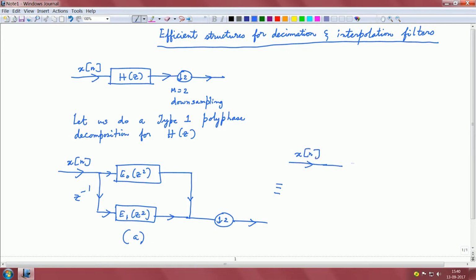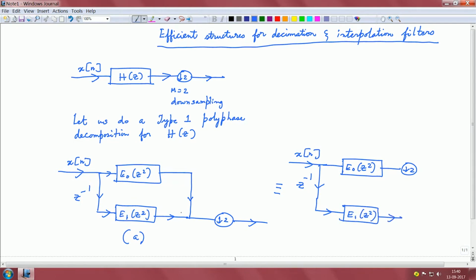So, we have x of n, now I have E0 of z square, downsampler, a delay element, E1 of z square.